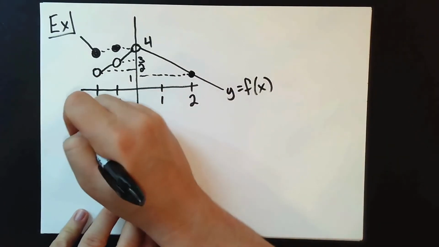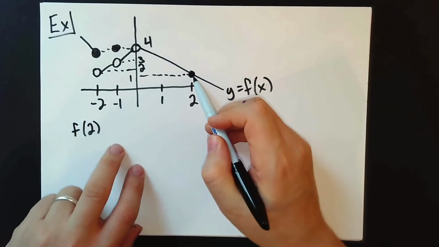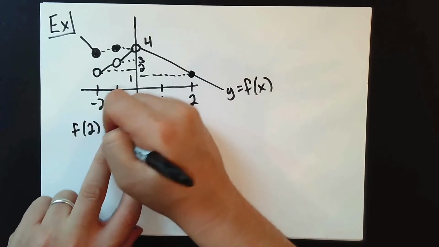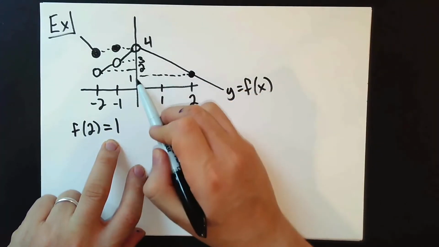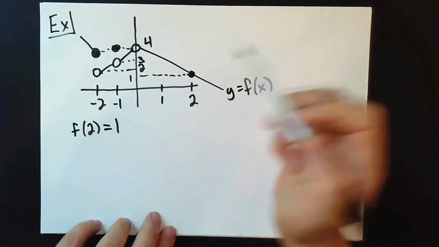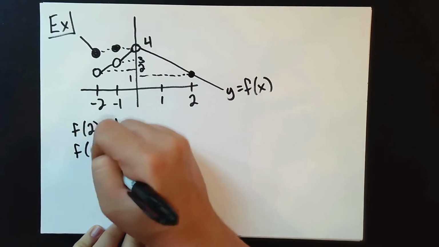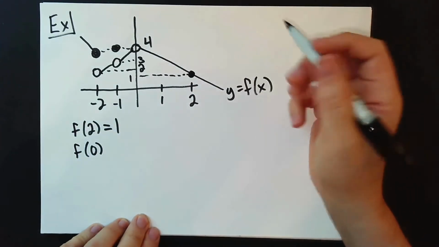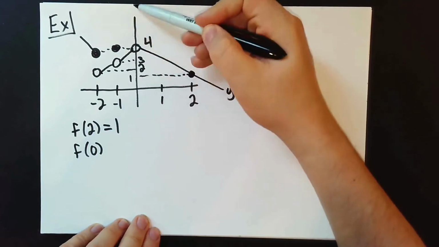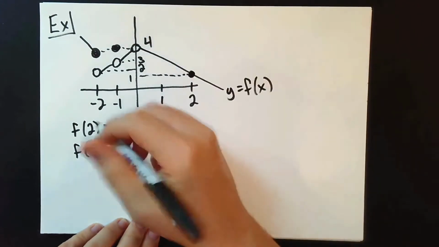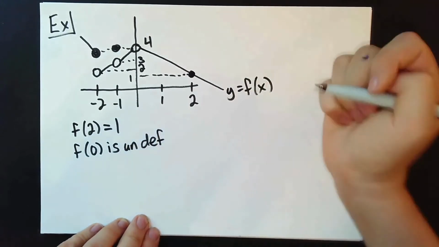So let's look at what is f of 2. Well, f of 2 just is 1. Nothing too special to read off here. What's f of 0? Well, f of 0 is undefined because of this hole in the graph, right? I try and find the value here at the input 0, and there isn't one.